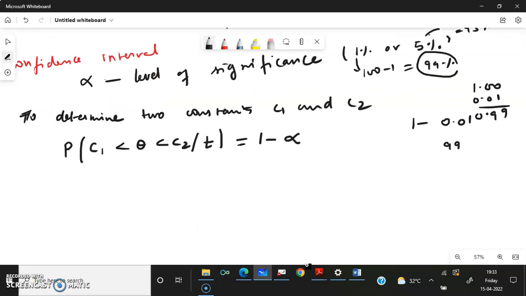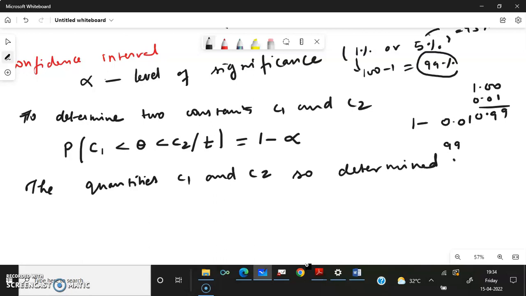Now the quantities C1 and C2 so determined are known as the confidence limits.